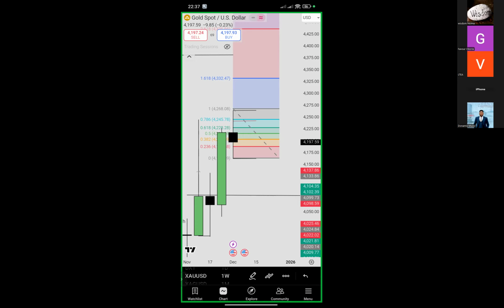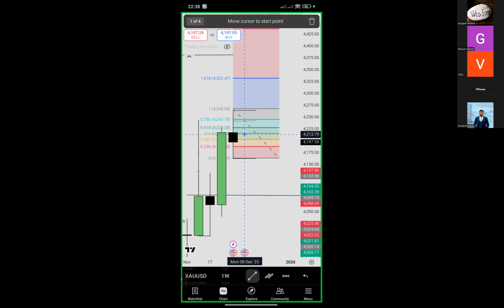Now, this green candle, that green candle there, price took liquidity out. This one, the other week, the green bullish candle.